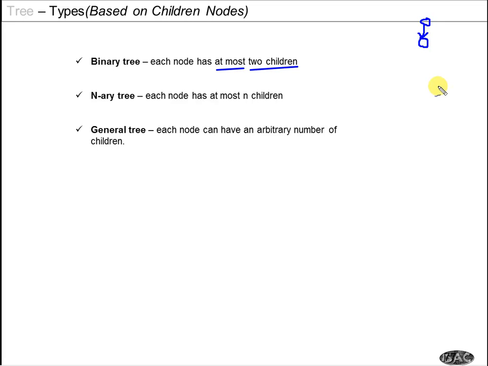It may have one child also, and it is still a binary tree. N-ary tree means each node has at most n children. So keep in mind this at most. People generally overlook this at most part. What is a general tree? General tree means there is no fixed number of children. It has an arbitrary number of children.